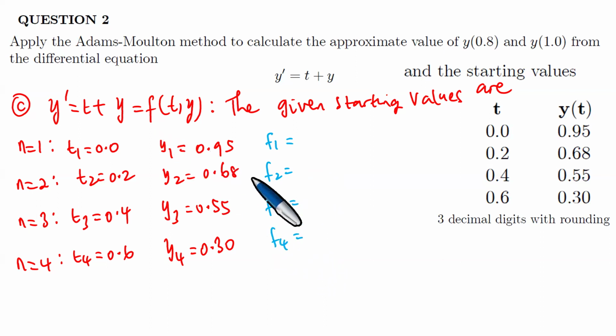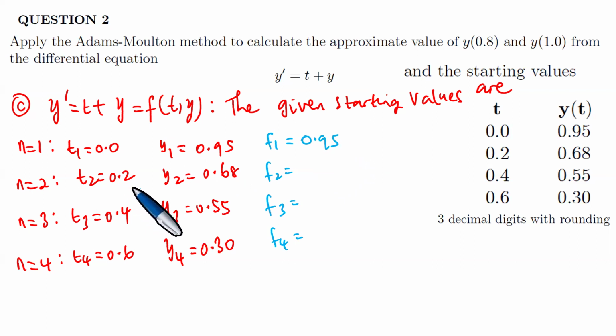Okay, now there's F1, F2, F3, and the F's come from the fact that the differential equation is now a function of t and y, a multi-variable function of t and y. And we're able to determine this function. So f1 becomes the sum of t and y. Here you're going to add t and y, but this is just 0 plus 0.95, so you're going to only get 0.95.